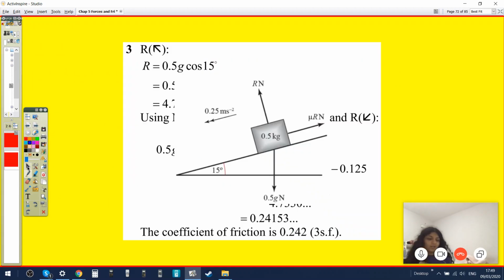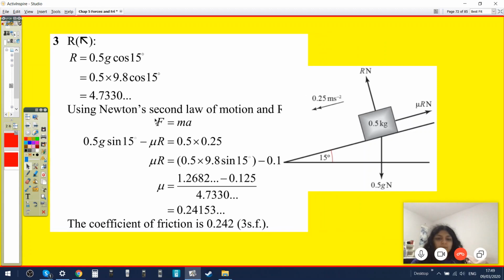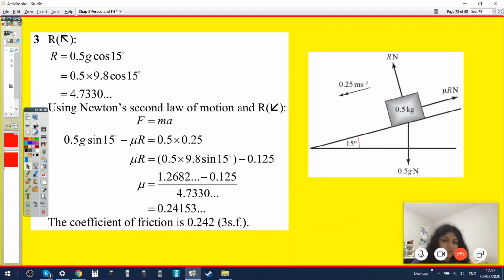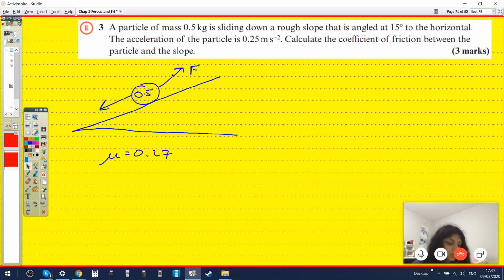Did you? Probably did it wrong. Did you round too soon? No, you do need to do F equals ma. I didn't do it because I thought you didn't need to. Because F equals mu R, and you know what F is, and you know what R is, so I don't understand why you can't just divide.